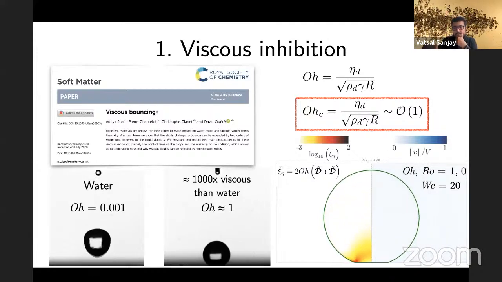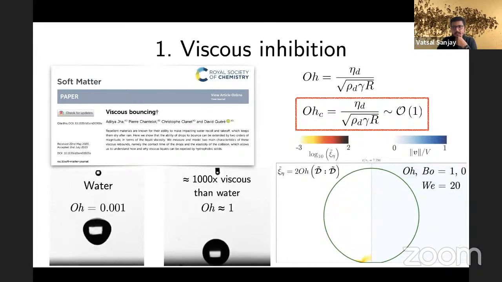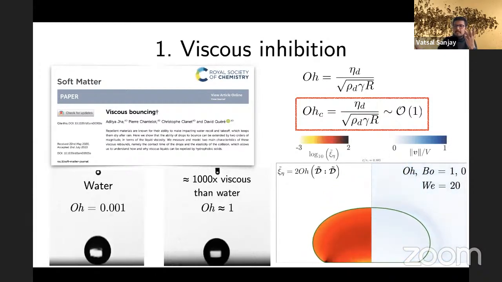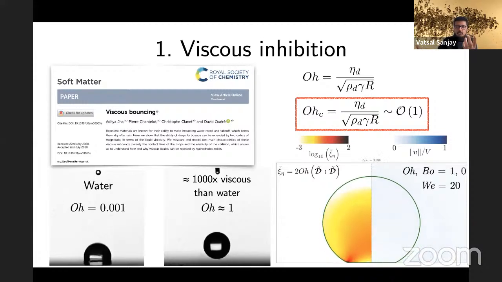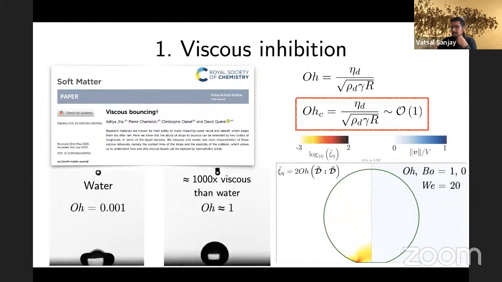We should also be careful, because what I'm plotting here is the log 10 of the viscous dissipation rate function. Since it's log 10, even tiny fluctuations are exaggerated, so the values there are probably very small, like 10 to the minus 3 or so in these units.